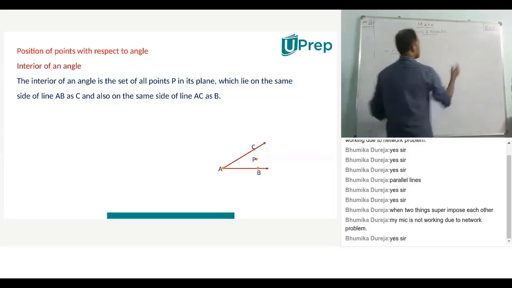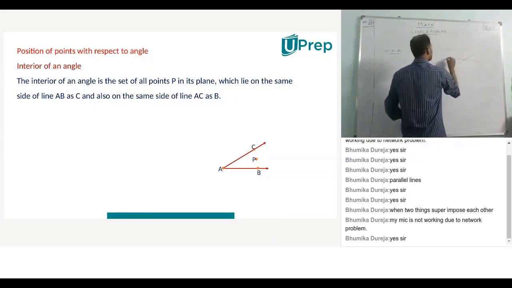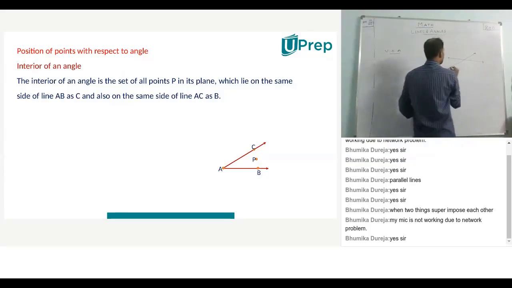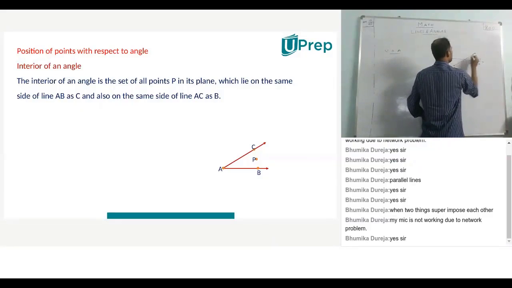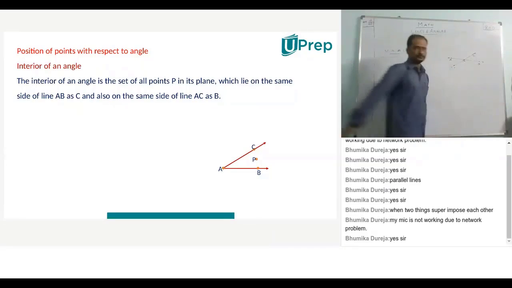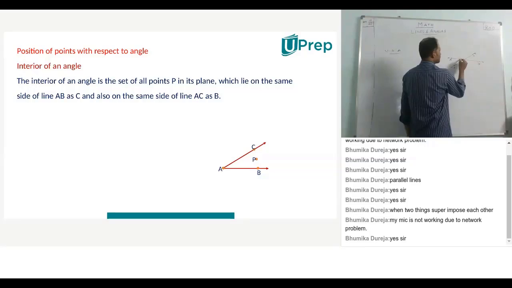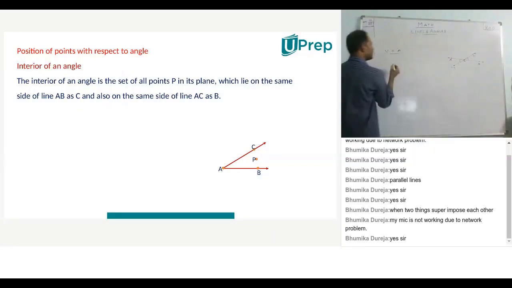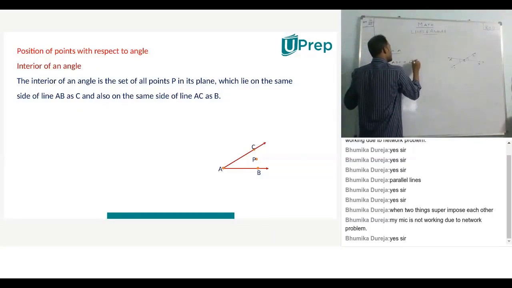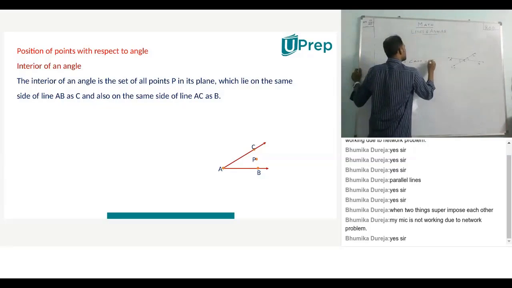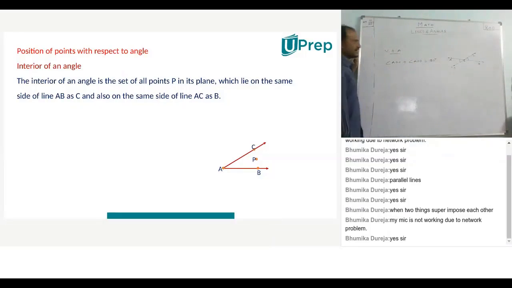Okay, let me go ahead and prove it. I'll take two lines, AB and CD, intersecting at a point O. Now, basically we have to prove angle AOC is equal to angle BOD. So what I will do is angle AOC plus angle AOD is equal to 180 degrees. Can I write that?